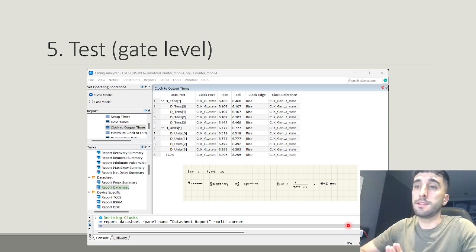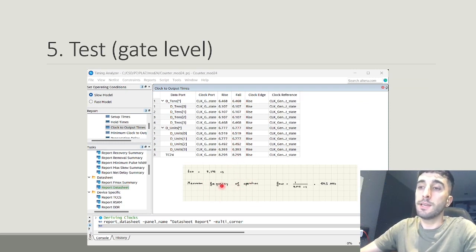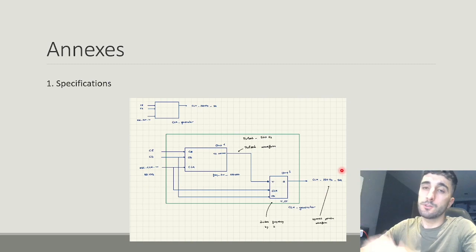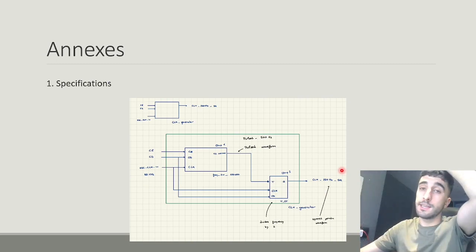In the timing analyzer in Quartus Prime, I obtained here all the delays, and I can obtain the maximum frequency of operation with this formula. F max is 120.5 MHz.